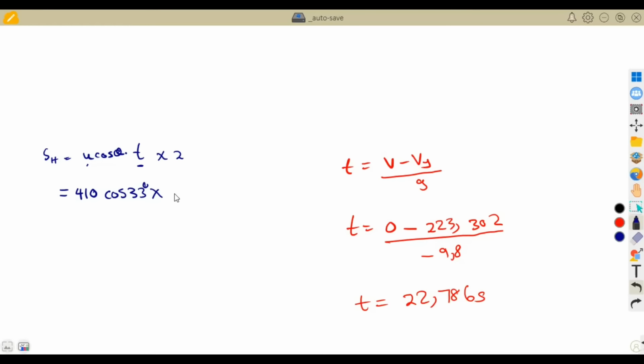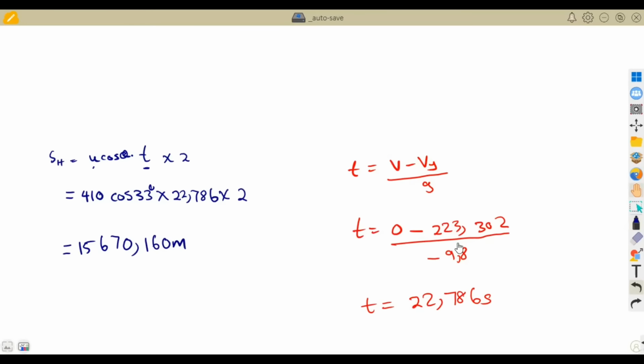We're going to multiply by time, which is 22,786 times 2. There we are going to obtain our SH, which is going to be something like 15670,160 in meters. So if you check here, there's a lot of things that you need to consider.